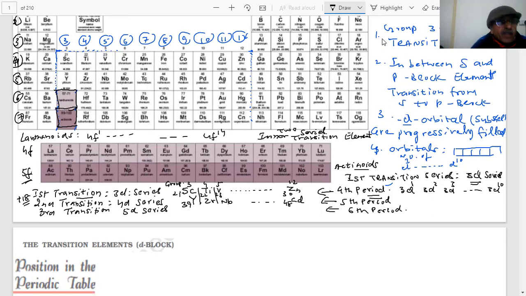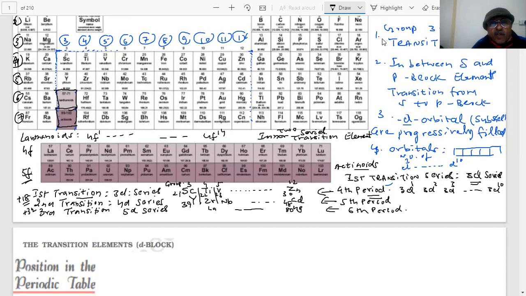Basically, what we have is lanthanum to mercury. What is the atomic number of mercury? Add 32 to 48, how much will it be? 80. The magic numbers are 2, 8, 18, 18, 32, you are aware of that.